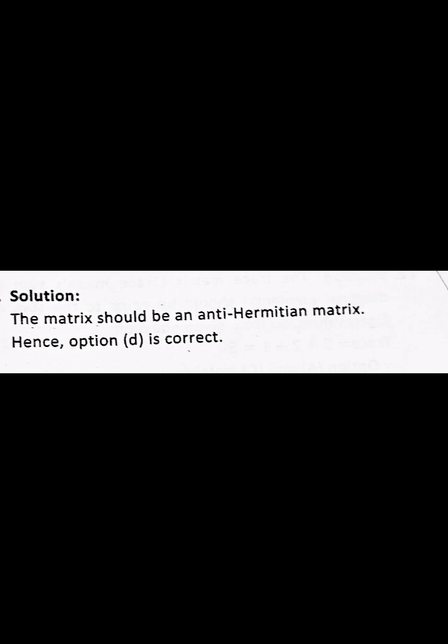But here for minus 2i and 3i, the eigenvalue magnitude is not 1. So it is not a unitary matrix or an anti-unitary matrix. Then for a Hermitian matrix, the eigenvalue should be real. Here it is not real, so it is not a Hermitian matrix. Then for an anti-Hermitian matrix, the eigenvalue is imaginary. So the answer here is anti-Hermitian.